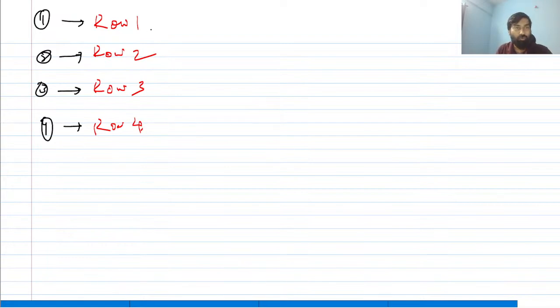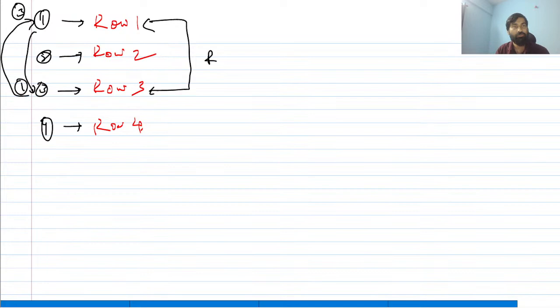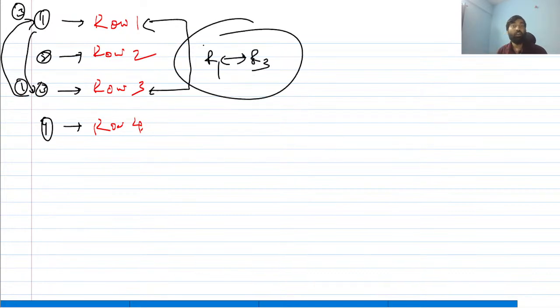So if you write equation number 3 in place of equation number 1, you write 3 here and 1 there. What are you doing in terms of matrix? You are swapping these two rows. R1 is being swapped with R3. If you do this, your determinant value will get affected.